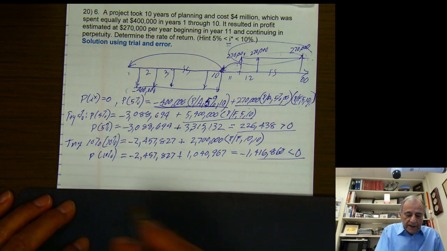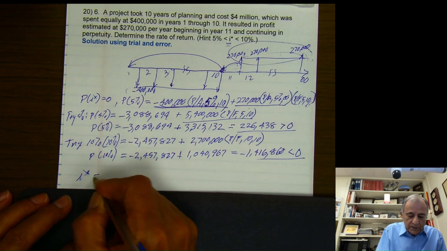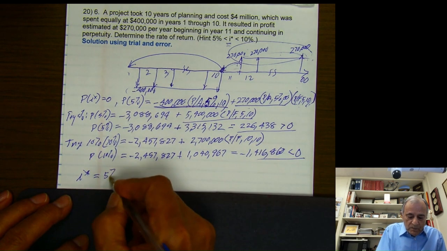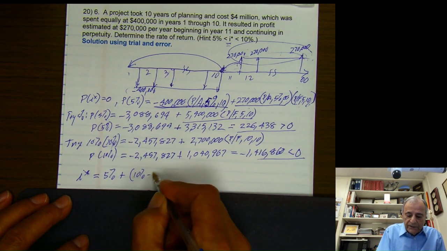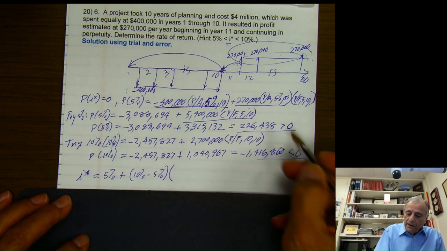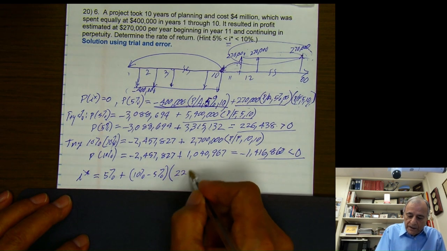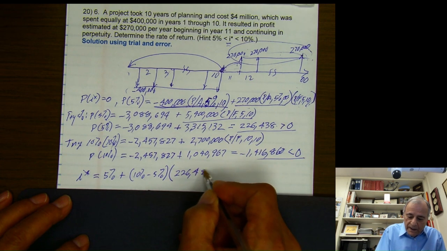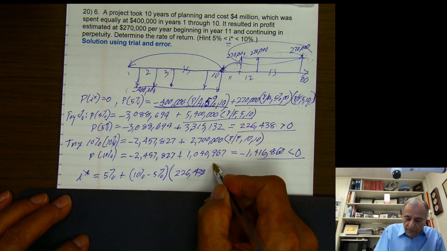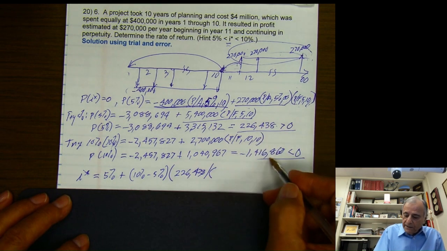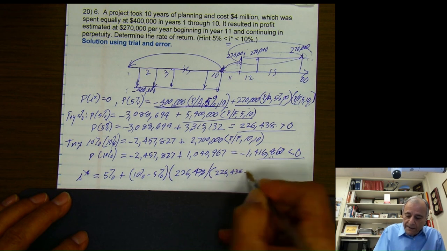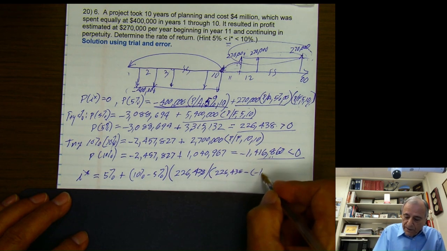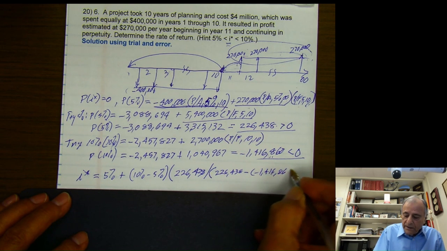And the formula for that is I star equals the first number, 5%, plus the difference between these two percentages, 10% minus 5%, times this value here, 226,438, divided by this minus this. Well, this is a minus, so it's going to be actually plus. 226,438 minus a minus 1,416,860.